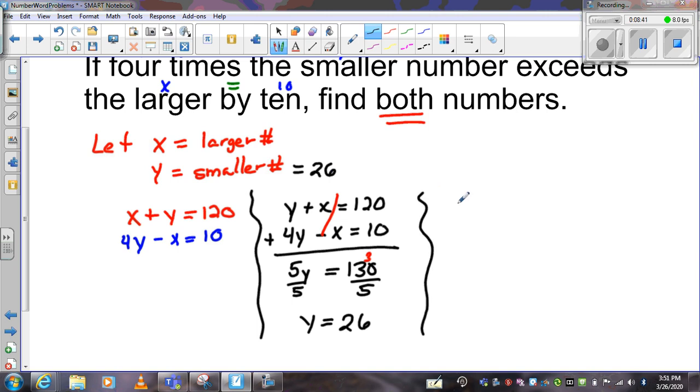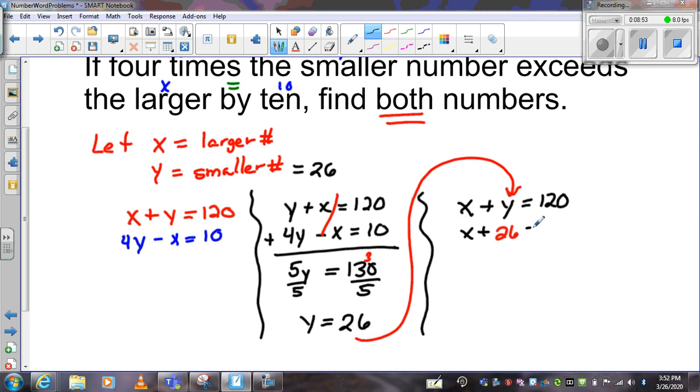I think what I'm going to do is x plus y equals 120, and I'm going to bring this 26 over and put it right in here. So x plus 26 is equal to 120. Let's minus the 26 from both sides, and it looks like x is equal to 94.